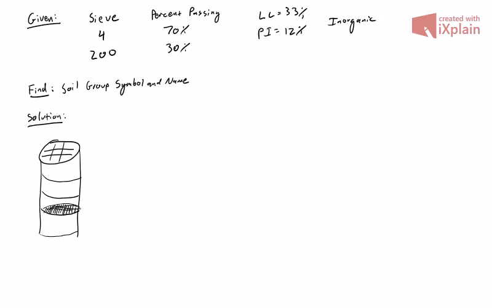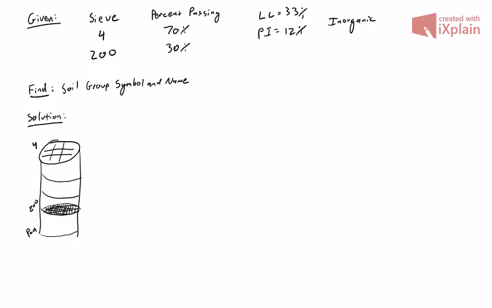What you get reported is the percent passing for each sieve. The two most important ones are the number 4, all the way at the top, and the number 200, all the way at the bottom.